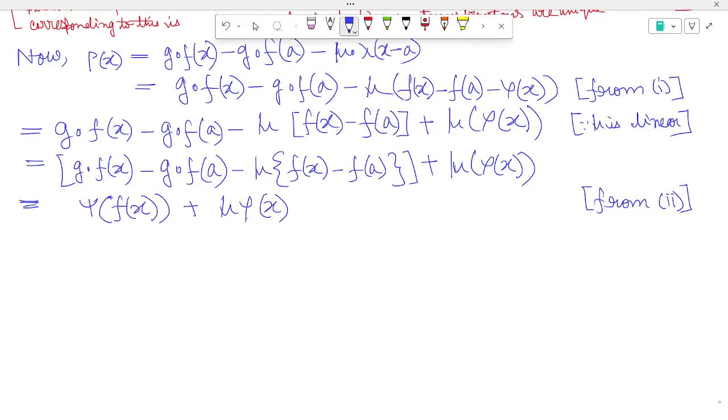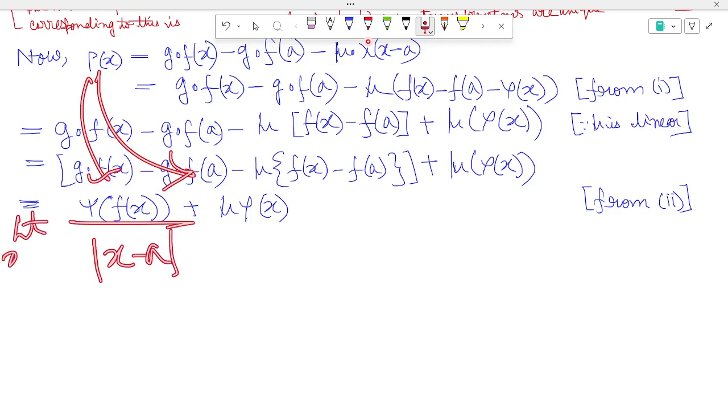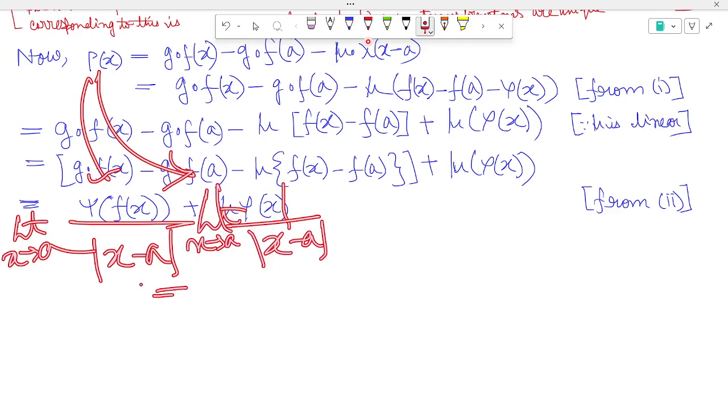Okay. So see, phi x, rho x can be split into two functions. So if I can show this by x minus a, when limit x tends to a, and this by this, they individually are 0, then the sum is 0.